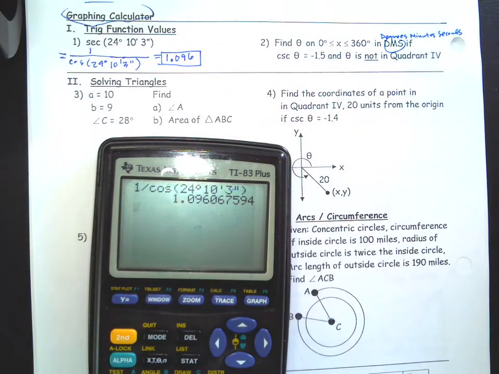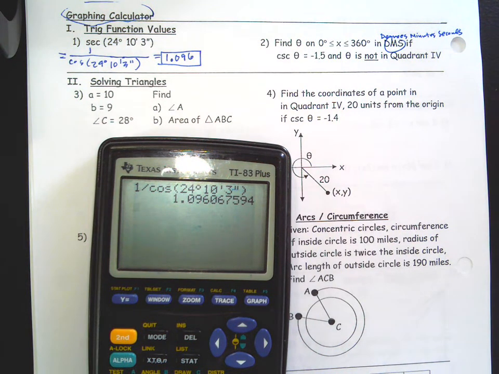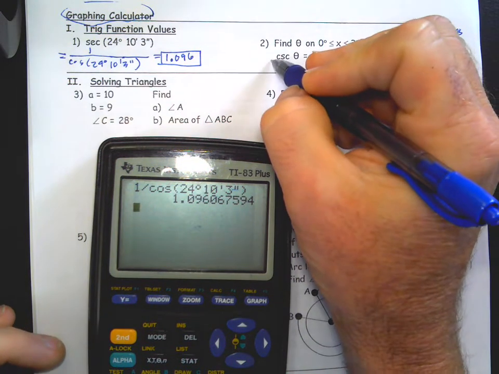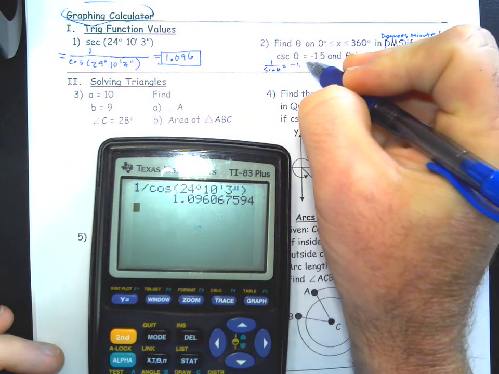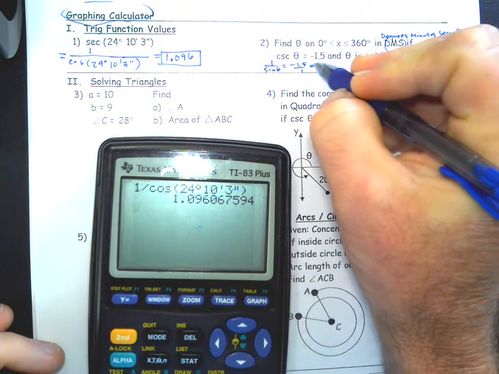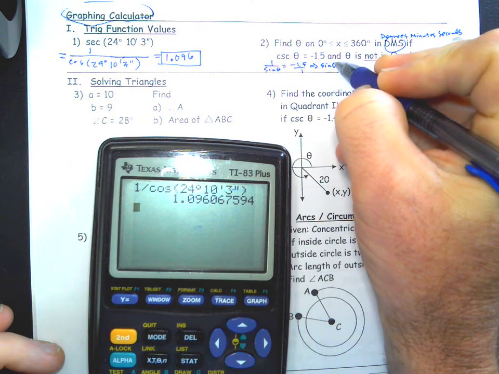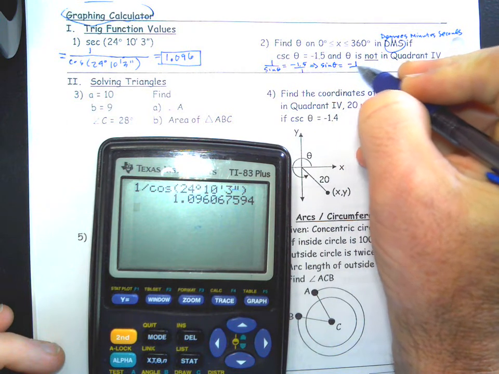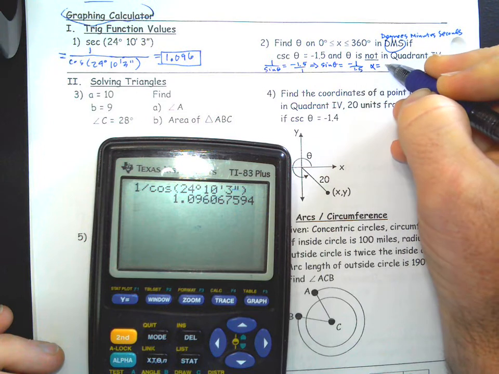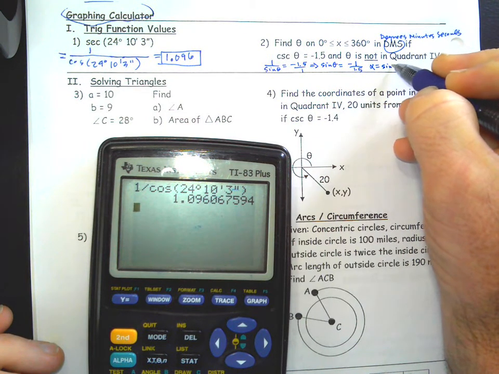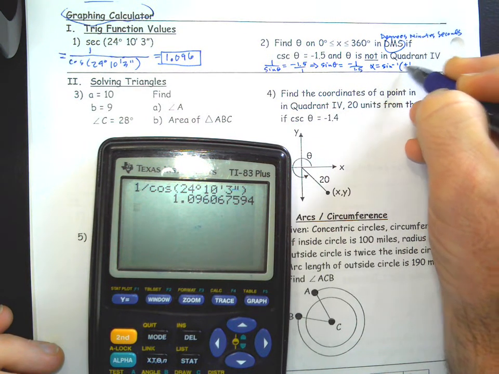So cosecant is 1 over sine. There's not a whole lot of room right here, but 1 over sine theta equals negative 1.5. So then that means that sine theta equals negative 1 over 1.5. Now I'm going to find alpha, which is inverse sine of positive 1 over 1.5.